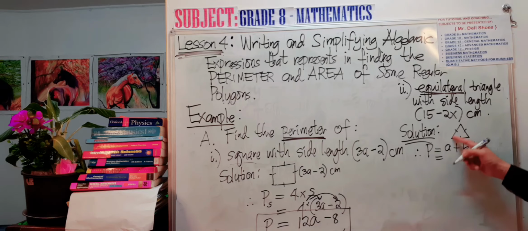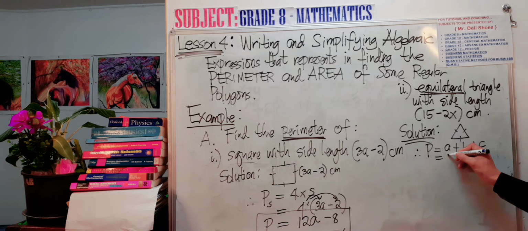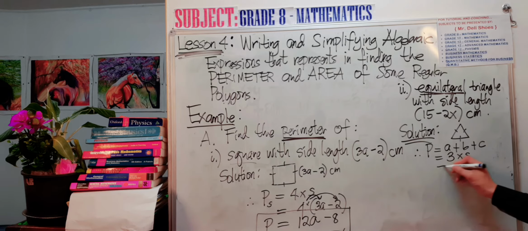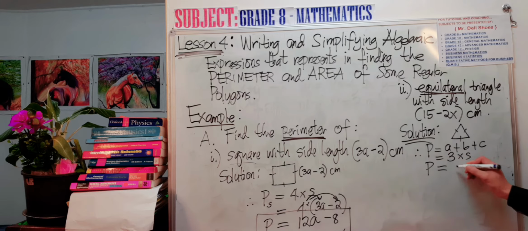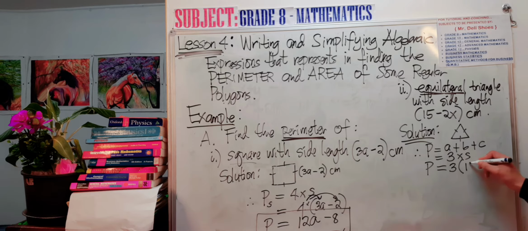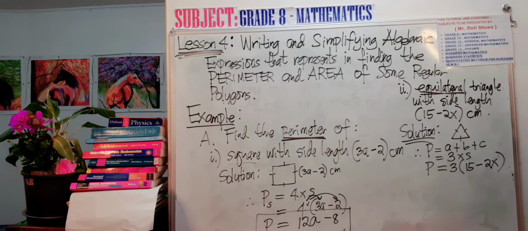Meaning that the three sides are equal, then you will have to say 3 times the side. So that will be now perimeter is equal to 3 multiplied by 15 minus 2x.